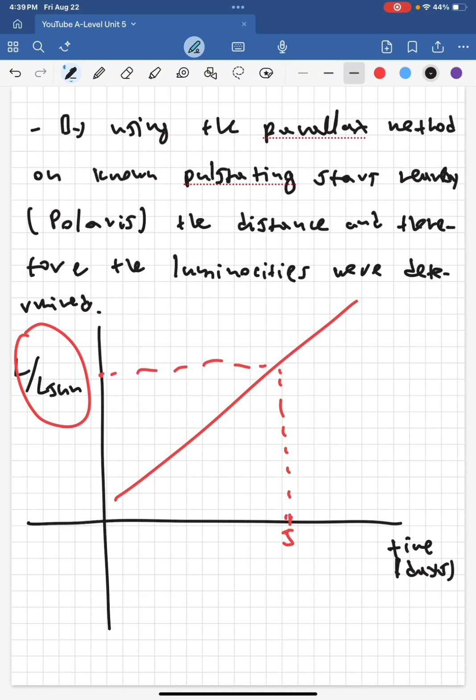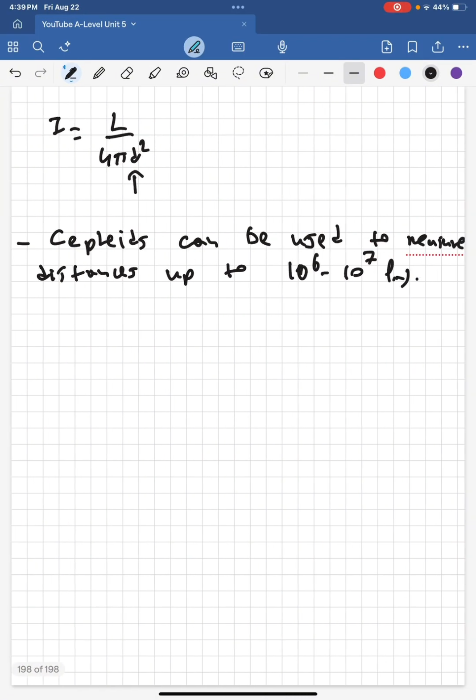So now you have a plot that tells you, if a star has a period of pulsation of 4 days, then the luminosity is that much. And once you know that, you can find the distance using this formula over here, right? And okay, this is it for Cepheid stars.